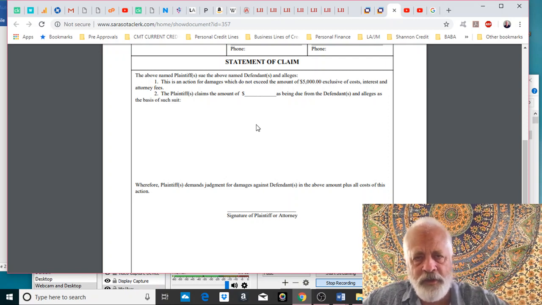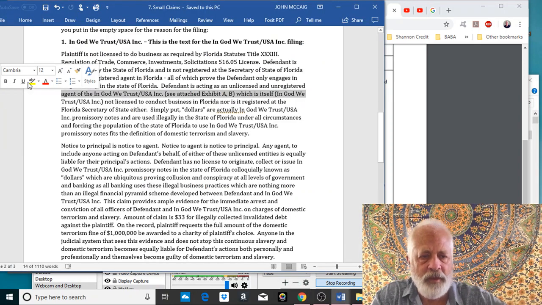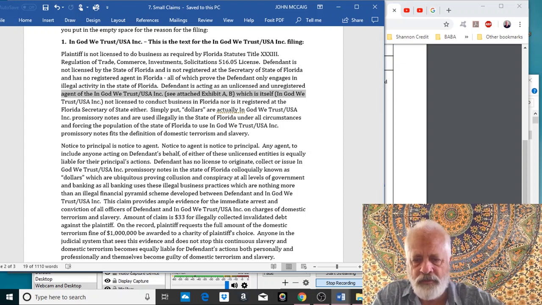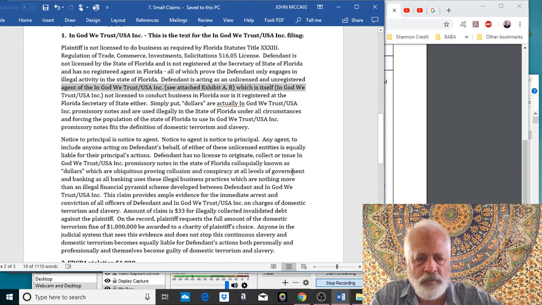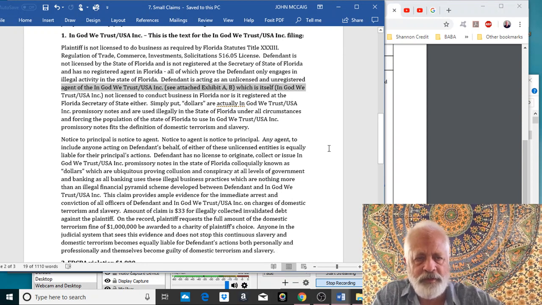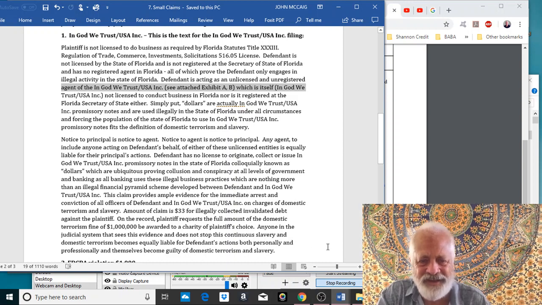S-E-E, and another word, attached, right? And then you attach a piece of paper that would have this written on it, right here. And so that's your statement of claim. You just copy and paste onto a piece of paper, and it says see attached. This is what you attach, okay? Just remove the one, and you just copy this, and that's it.